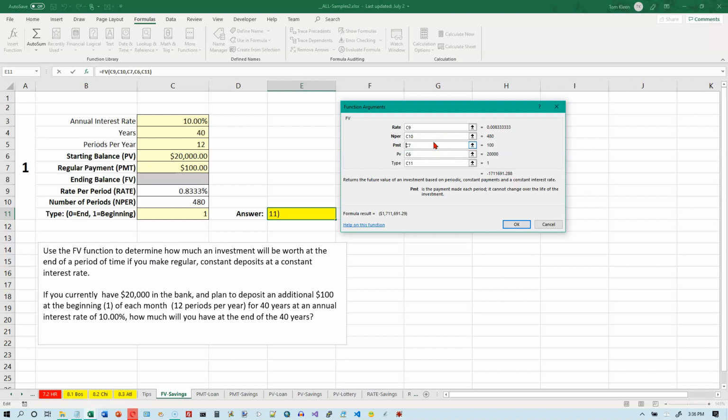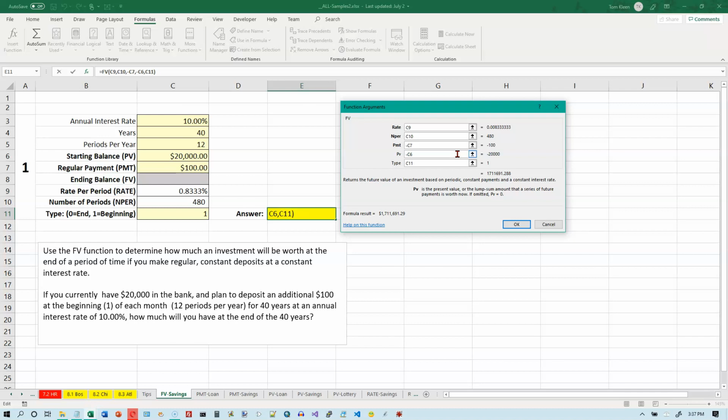The payment in every single one of these problems is always going to be a negative number, so we must put a minus sign in front of it. And the present value is the equivalent. It's like we made a bunch of payments before we started, so it's the sum of a bunch of payments that have already been made, and those payments were negative, so we have to put a minus sign in front of that.